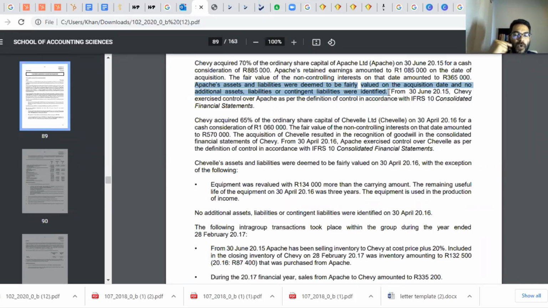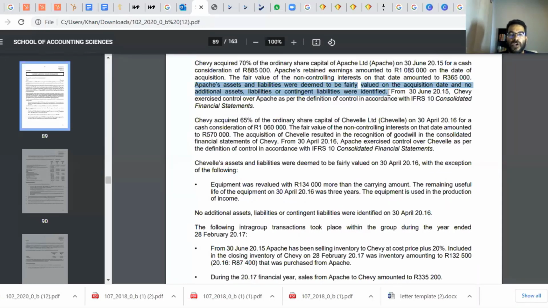But which assets? All identifiable assets and liabilities. Here they're telling you that all assets and liabilities are at fair value. That means we don't need any fair value adjustment. They're also telling you that there are no additional assets, meaning there are no other identifiable assets that we have to recognize, no other liabilities that we have to recognize, and no contingent liabilities. Remember the example I gave you yesterday?